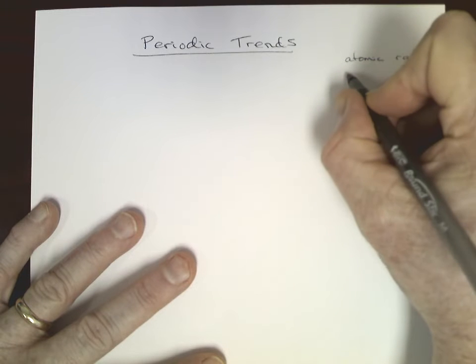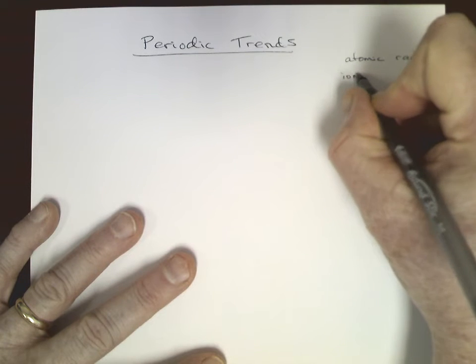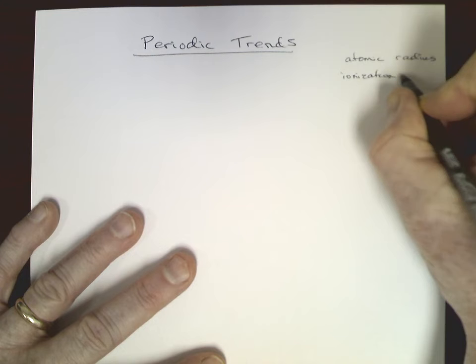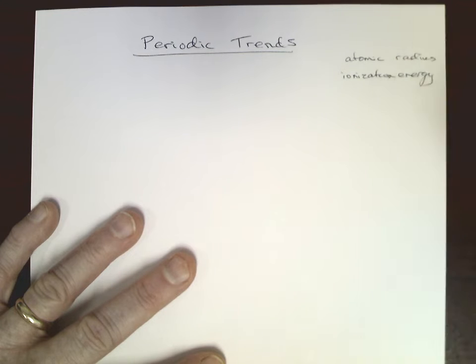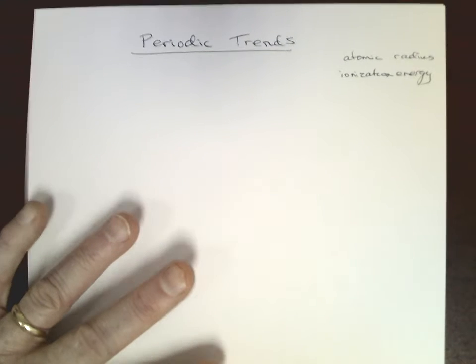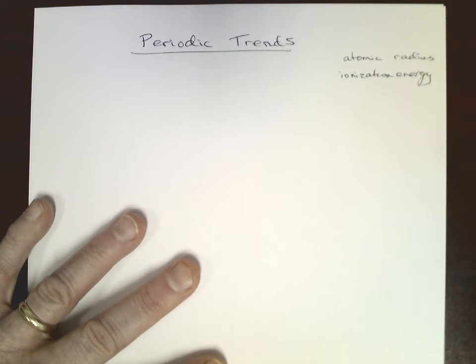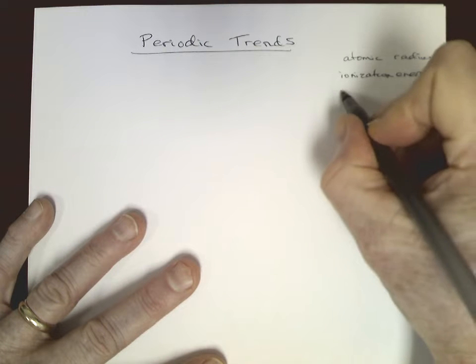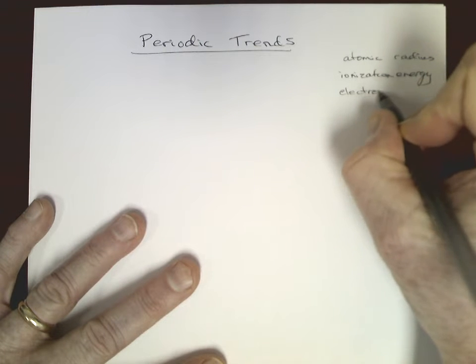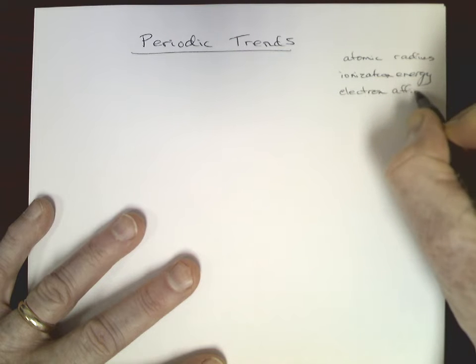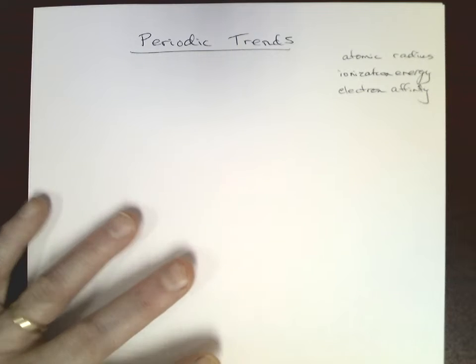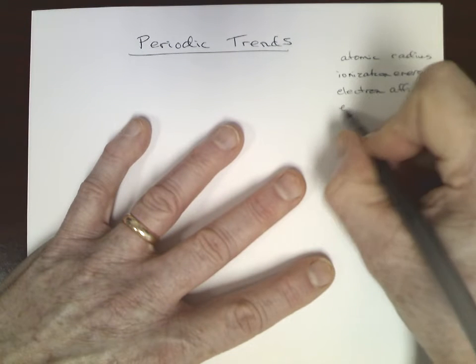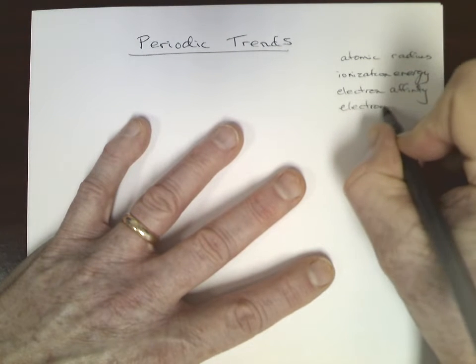We're going to look at ionization energy. That one, we've already covered, and you should be pretty familiar with that. We are going to look at electron affinity. We'll define that here in a little bit. We are going to look at electronegativity.